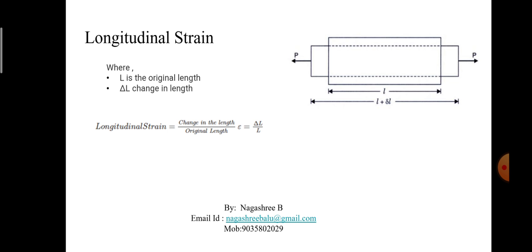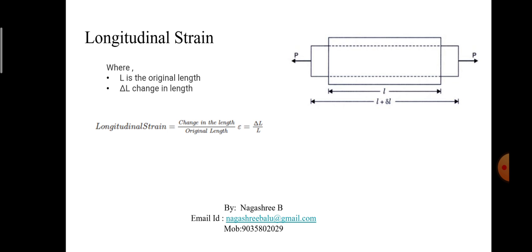Here I have considered a body of initial length equal to L, which is subjected to a tensile load of magnitude P in both directions. As and when the body is applied with a tensile load in both the directions, there will be an increase in the dimension along the direction of the applied load.